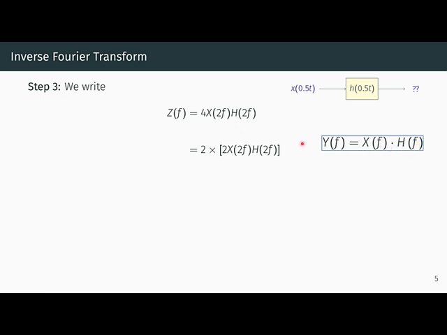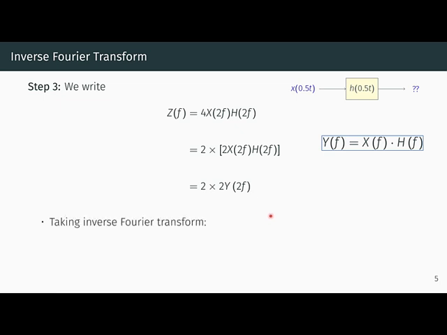If you compare this with this, you observe that X(2f) times H(2f) is nothing but Y(2f). So we just replace that here. 2 times 2 will be there as it is, but X(2f) times H(2f) would be Y(2f). So we got Z(f) to be equal to 2 times 2Y(2f).